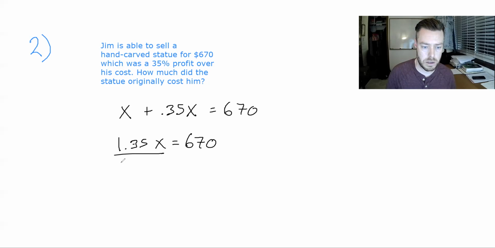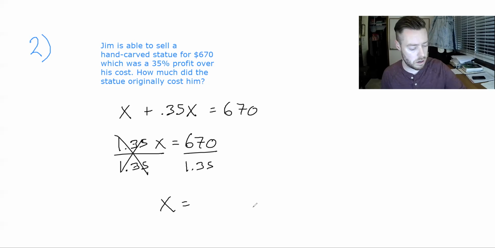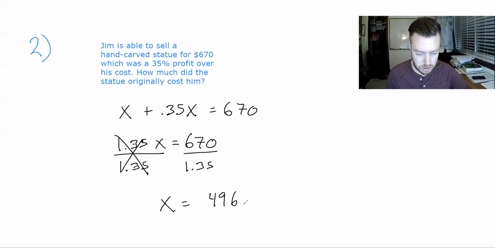Divide both sides by 1.35, and the 1.35 is going to cancel. You're going to get x is equal to 670 divided by 1.35. Turns out it's roughly $496.30.